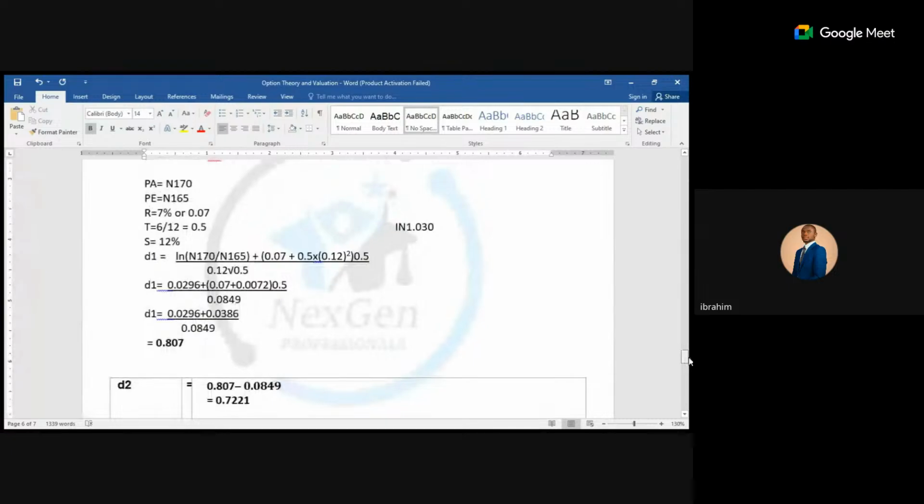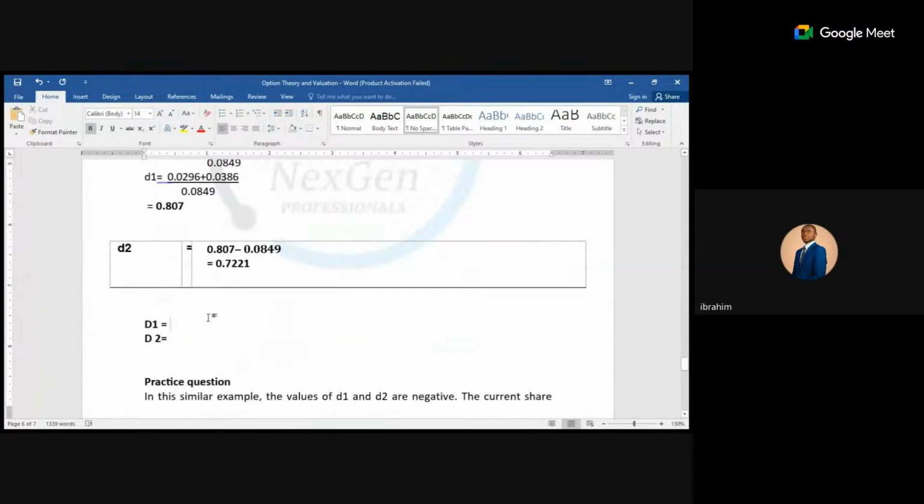So what we calculated in D1 is 0.807. D2 is 0.7221. Class, you can approximate this. You should always do it when you want to determine your ND1 or ND2 to 2 decimal places.